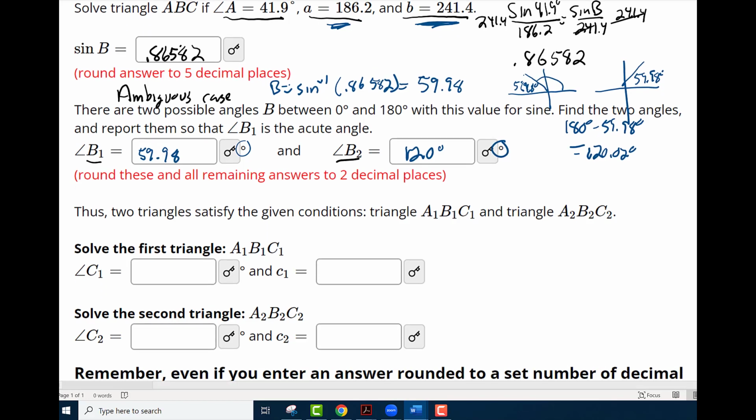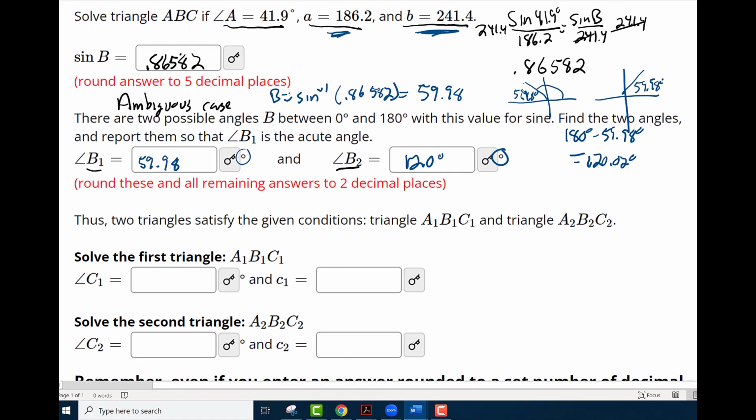Okay, now, given that, we're going to finish solving this. So we want to find, with the B1, what would our C1 be? So C1 would be 180 degrees minus 59.98 degrees minus the original A, which is 41.9 degrees, and I get 78.12 degrees.